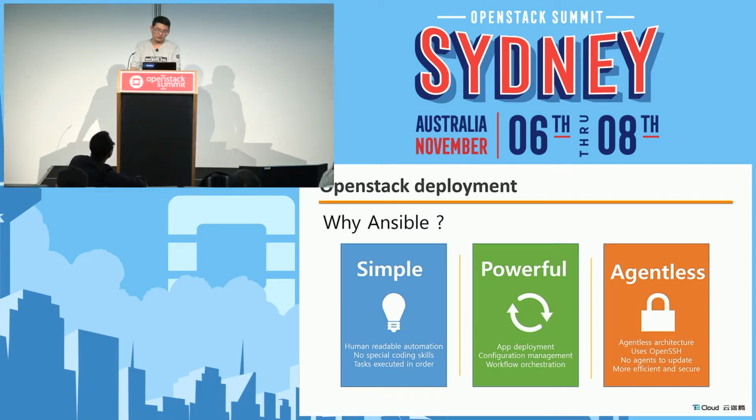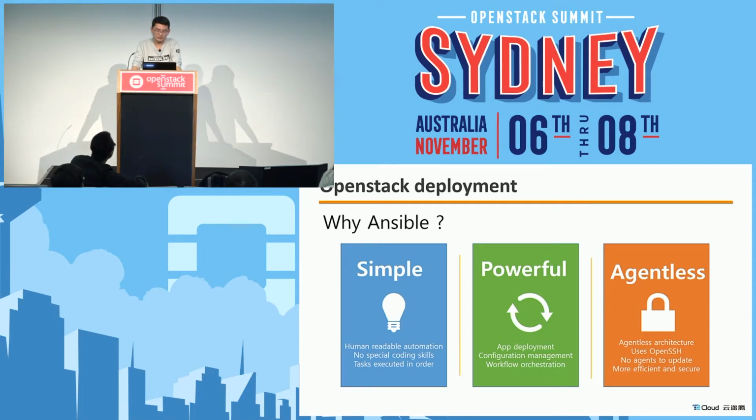As I mentioned earlier, we use Ansible to deploy OpenStack. So why Ansible? Just as described in Ansible's website, Ansible has a number of qualities that makes it the most rapidly growing automation platform in the world. First, it is extraordinarily simple.